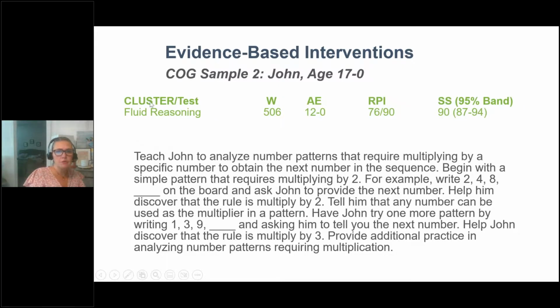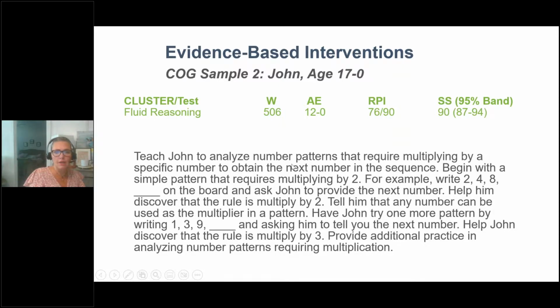And then for fluid reasoning, we can see here an RPI of 76 over 90, which means when same-age peers are performing at 90% proficiency on fluid reasoning tasks, this student is performing at 76% proficiency. The student has a 90 standard score. So based off of that student's performance, here's the evidence-based intervention that's recommended for John.